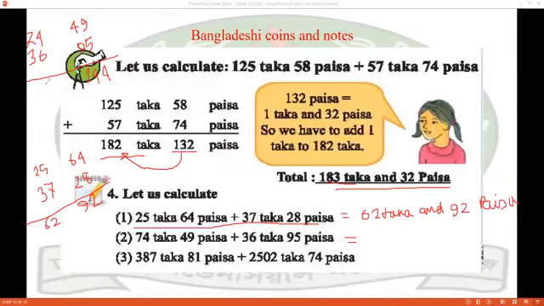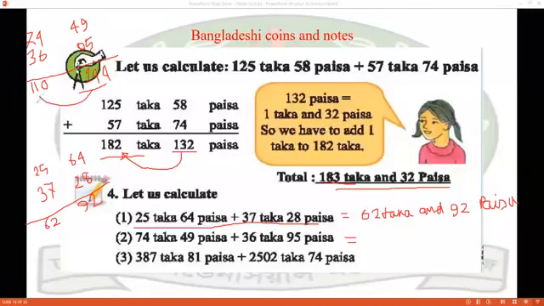And add up 74 plus 36, so 110 taka. But here paisa is more than 100, so 100 paisa equals 1 taka.